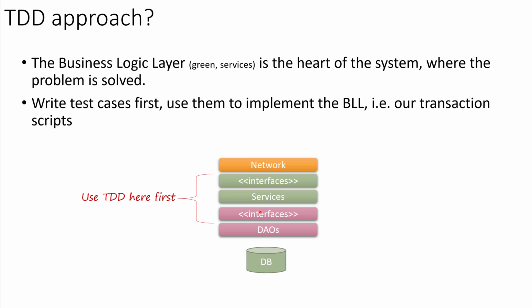But we do have a problem because this interface is implemented by the data access objects, which interact with the database, and we don't want to depend on the database because that's going to add complexity. We might look at ways to sort of work around this, but if you work against a production database or the shared one for your group, then one group member might set up some data needed for test, and then another group member might delete it.